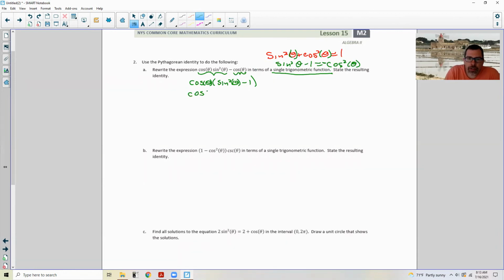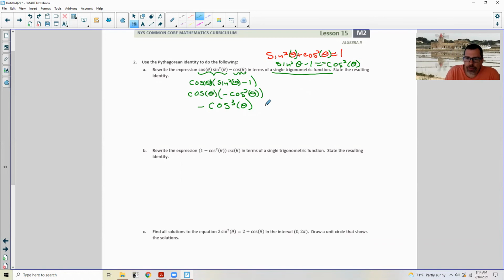So cosine of theta times a negative cosine squared theta. Now when I multiply these, a positive times a negative is negative. Cosine times a cosine squared is cosine cubed theta. Okay, so there it is.